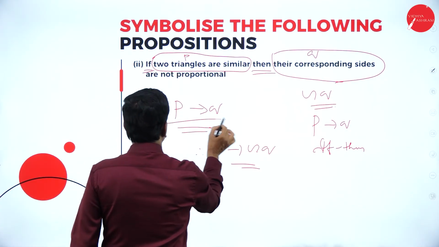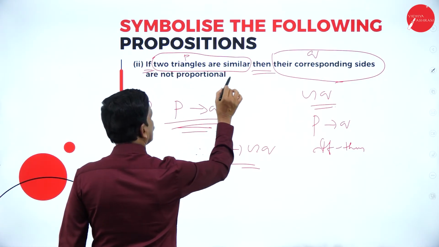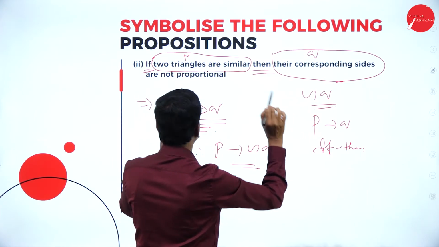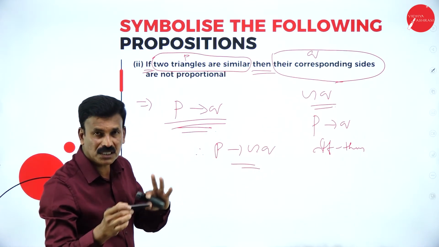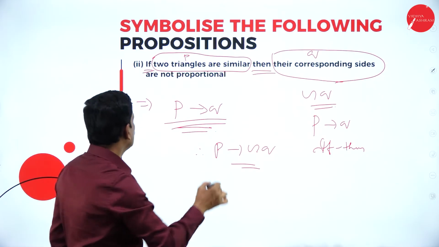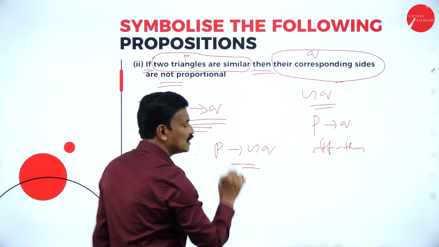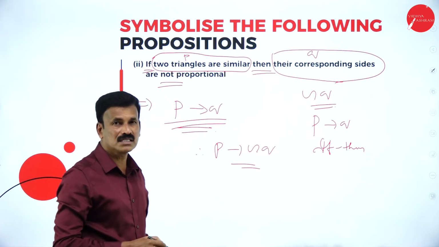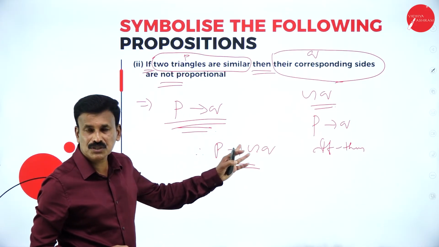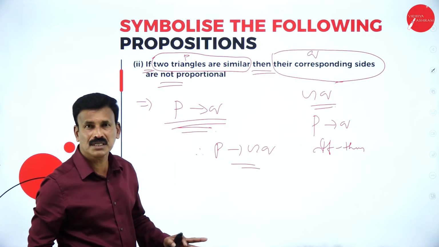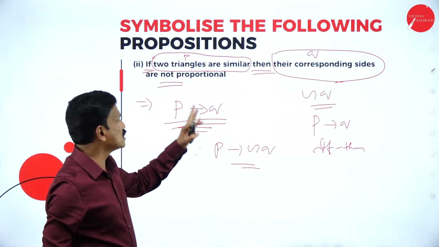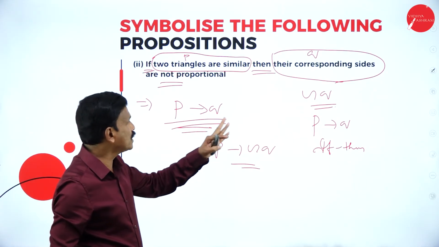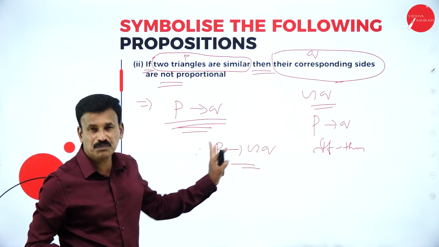See, P conditional to Q means if two triangles are similar, then their corresponding sides are proportional. Here it is given not proportional. So not proportional is nothing but negation of Q. So the final answer for this is P conditional to negation Q. P conditional to negation Q means if two triangles are similar, then their corresponding sides are not proportional.